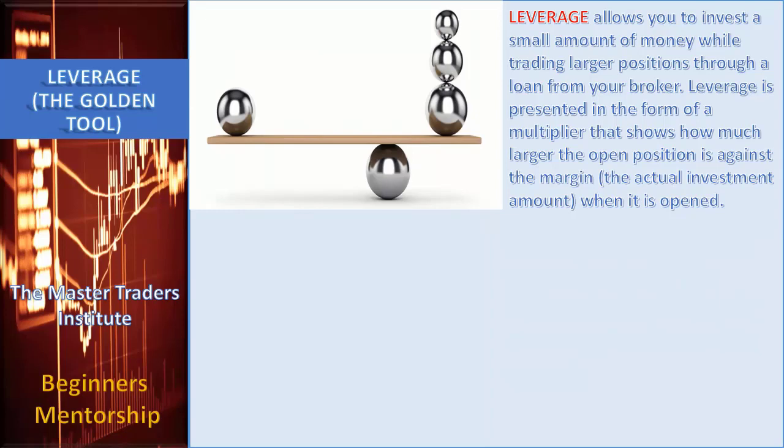Leverage is presented in the form of a multiplier that shows how much larger the open position is against the margin, the actual investment amount when it is open. What this means is that leverage allows you to deposit a small amount of money with your broker and have access to a larger amount that you can trade on the Forex market. So that is it about leverage.